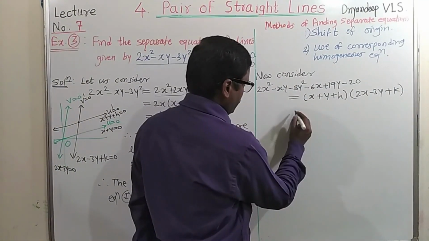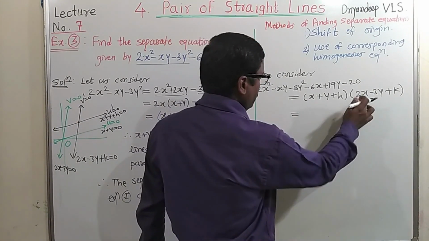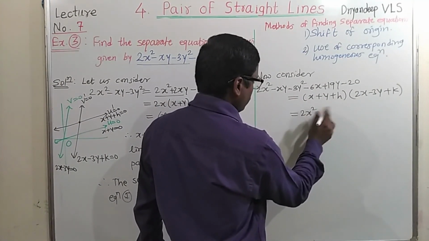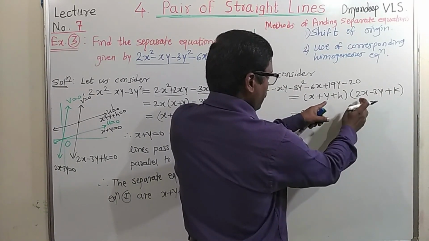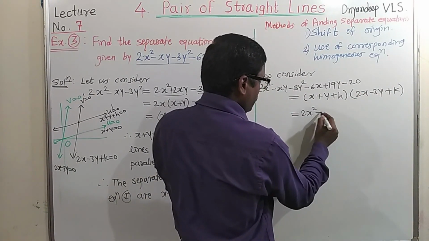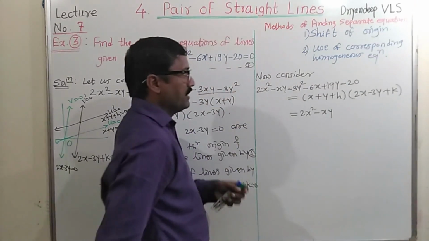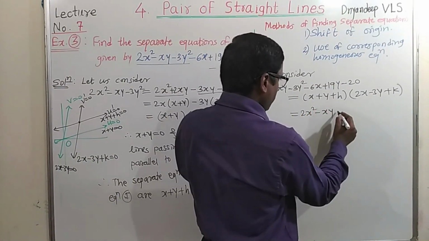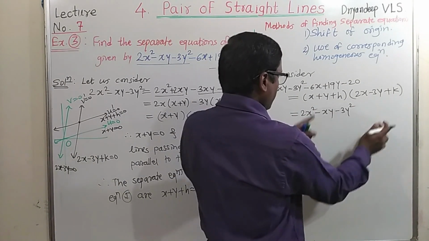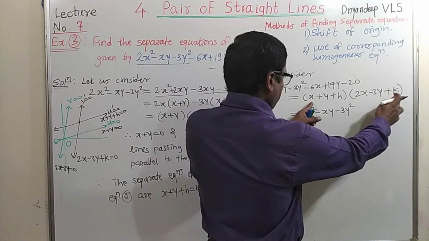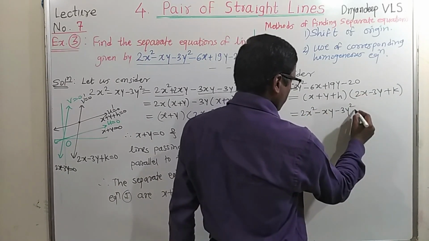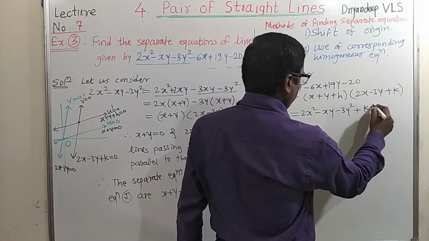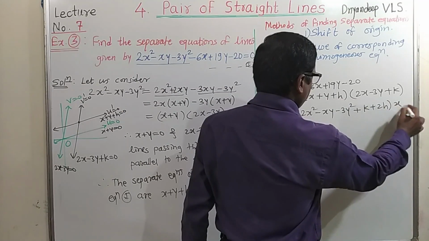Now take the product of these RHS, that will be x into 2x, that is 2x square, then minus 3xy plus 2xy, that is minus xy, then minus 3y square, then this is kx plus 2hx. It will give us k plus 2h out of bracket x.